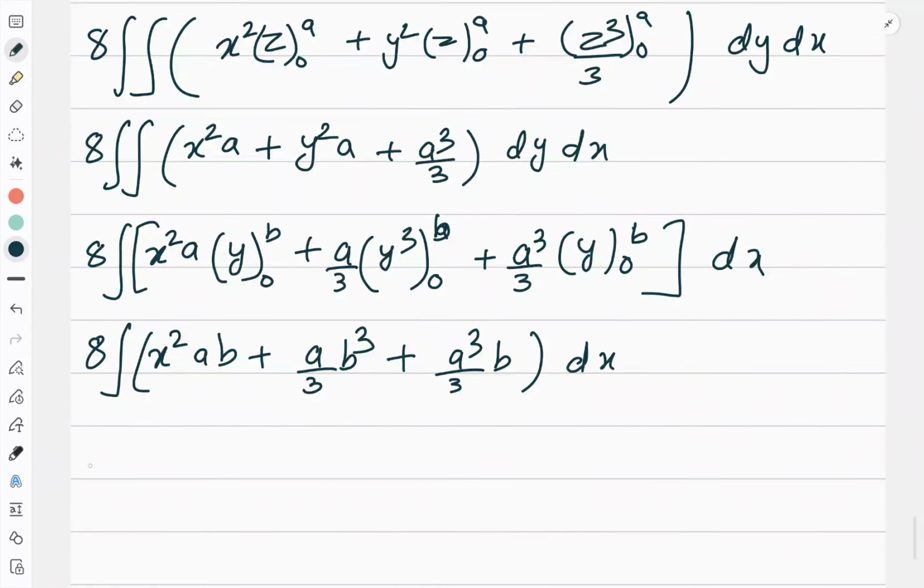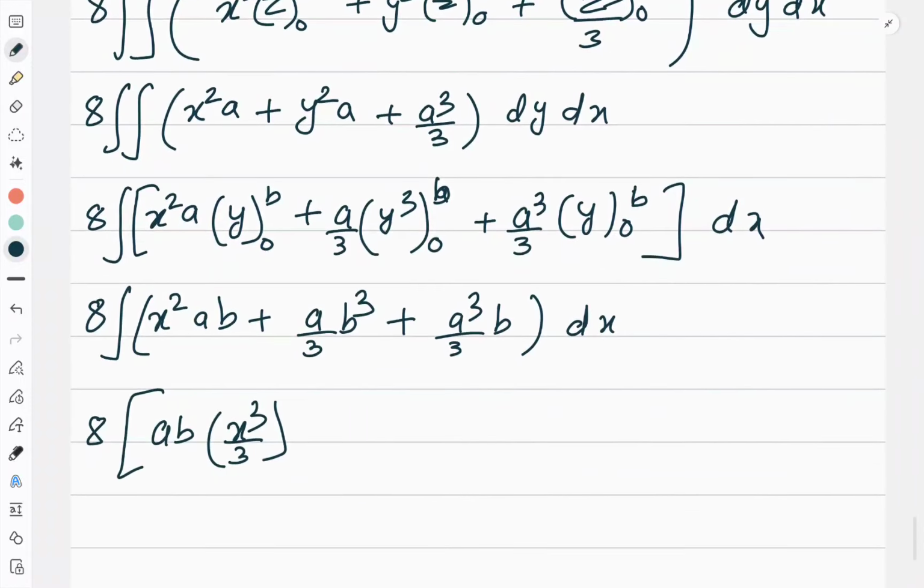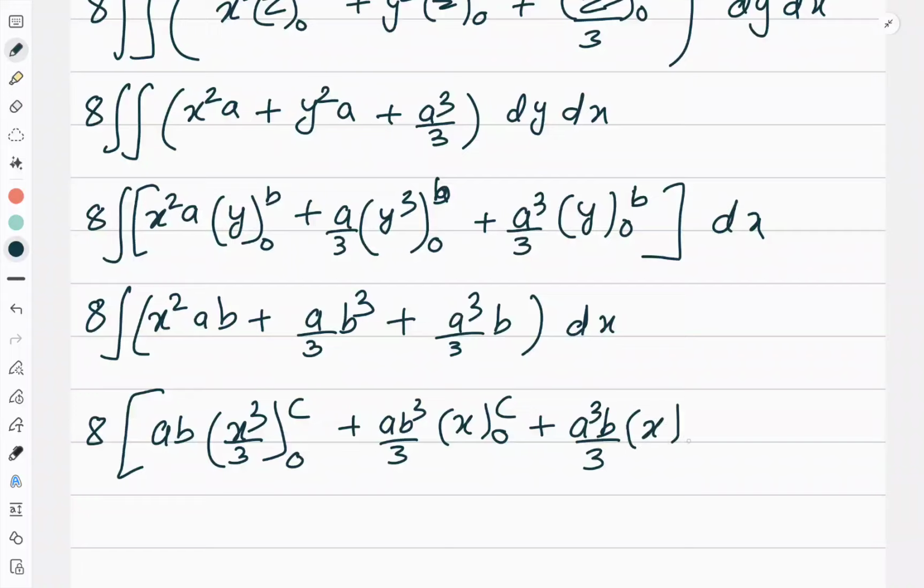Now again integrate with respect to x. So now ab is a constant, x cube by 3, limit of x 0 to c, plus ab cube by 3 x, 0 to c, plus a cube b by 3 x, 0 to c. Right?